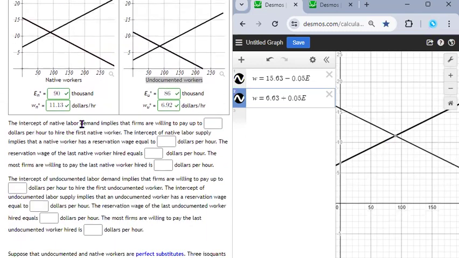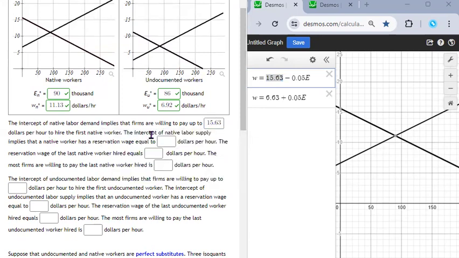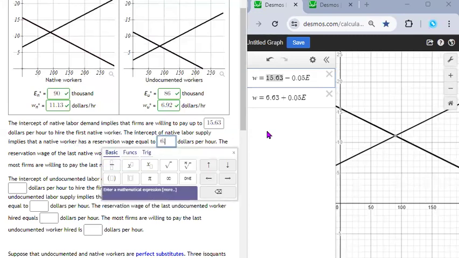The intercept of the native labor demand curve implies that firms are willing to pay up to $15.63 for that first native-born worker hired. The intercept of the native labor supply curve implies that a native worker, at least one of them, has a reservation wage of at least $6.63, right?